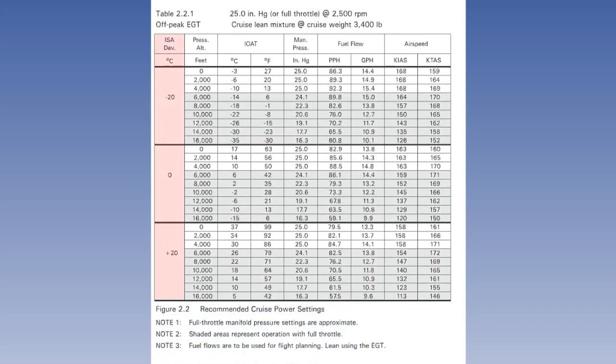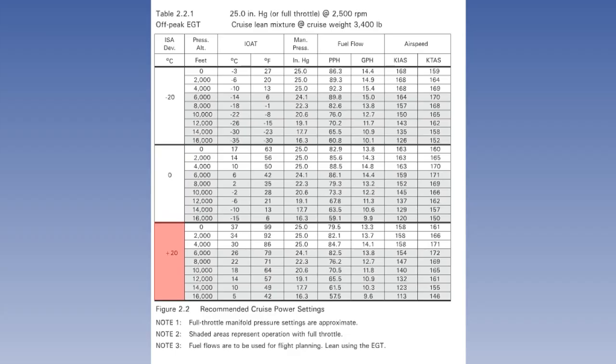For examination purposes, it is not necessary to interpolate between the ISA deviation blocks unless the deviation is plus 10 or minus 10. So, for example, if the ISA deviation was plus 3, simply use the 0 ISA deviation row.